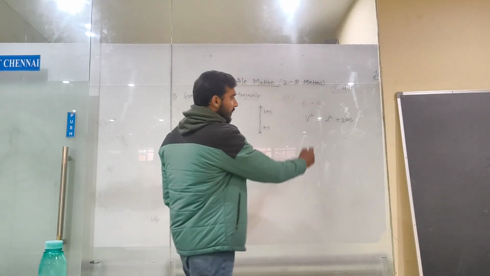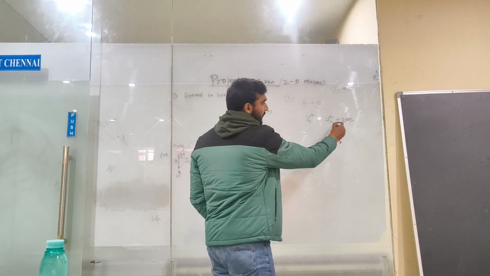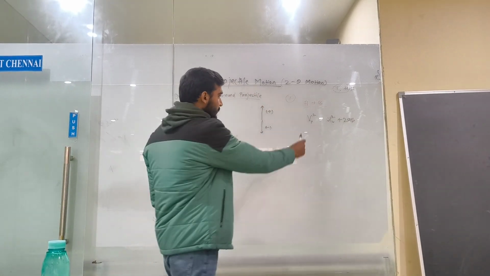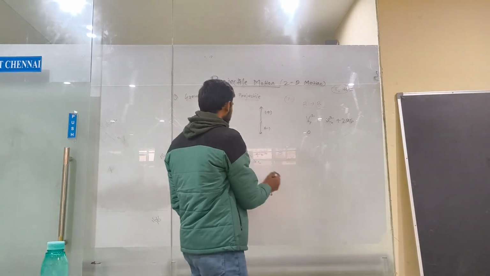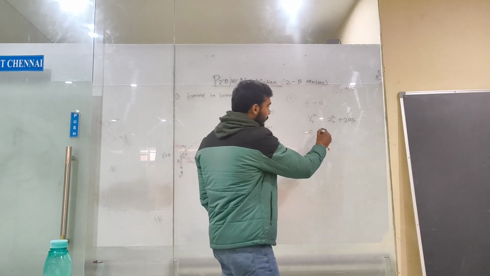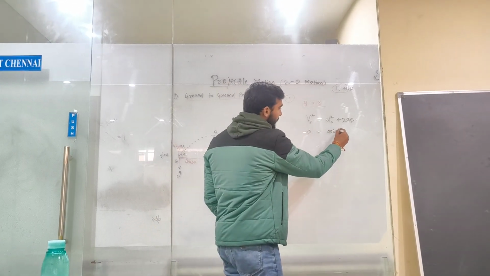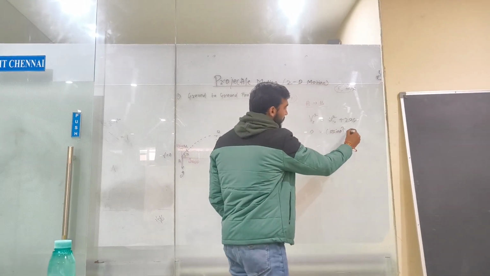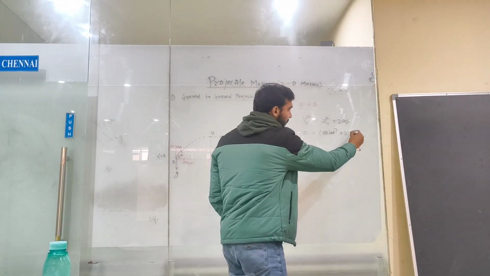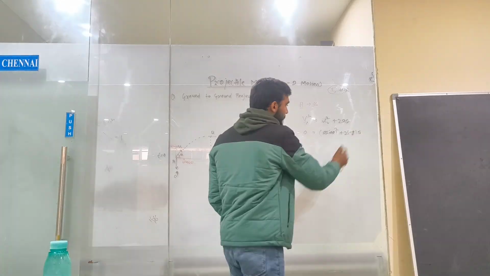Here we use subscript y because we are talking about the y axis. So v_y is 0 because the final velocity in y direction is 0. u_y is u sin theta, whole squared, plus 2 times the acceleration, which is minus g since it is in downward direction, times s.